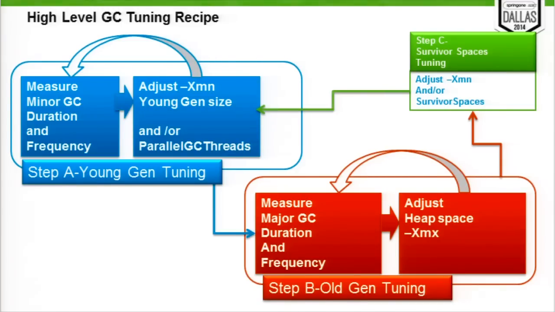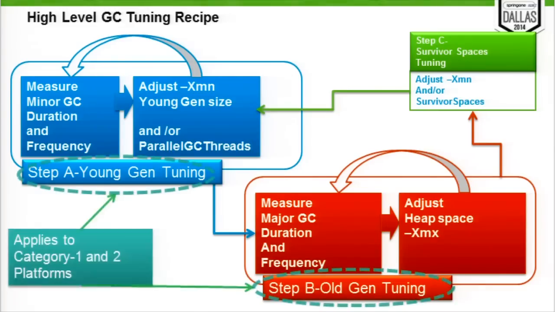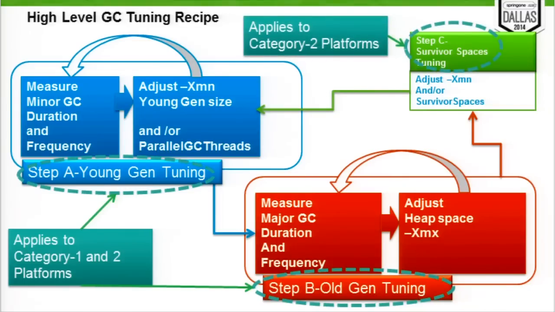And then survivor spaces. Now for web apps, for category 1 and 2, step A and step B, right? Including step C. In category 1, we never have to touch the survivor spaces because a survivor ratio of 8 is typically good enough.